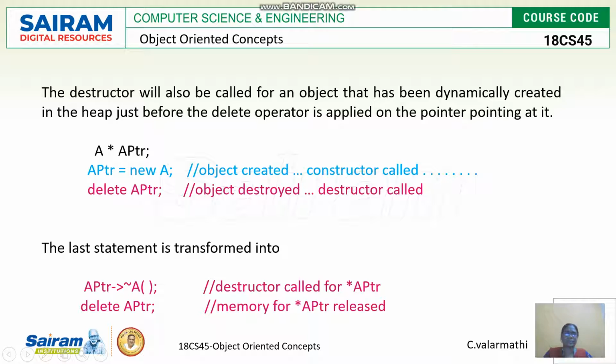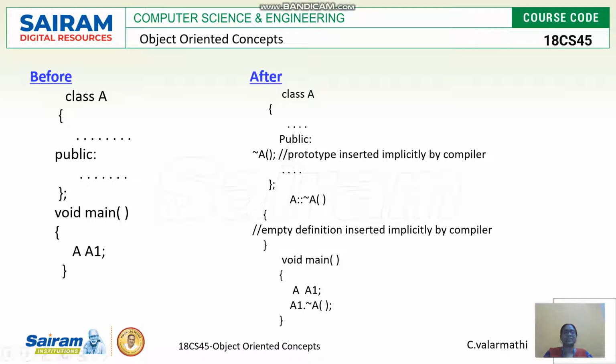That means it will release the memory occupied by the object pointer. Also, using the pointer operator symbol, I can invoke the destructor of this class. This is another valid way of using destructors.